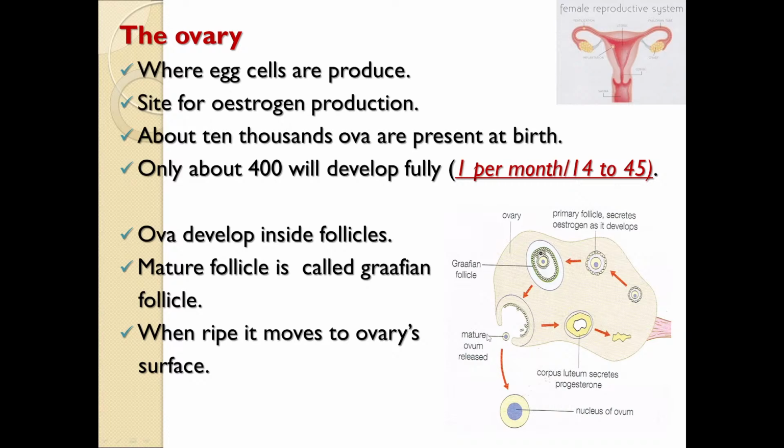Here they label it as mature ovum release. Once the mature ovum is released, if fertilization is going to take place, then the nucleus of the ovum is what will fuse with the nucleus from the sperm that would come from the male.